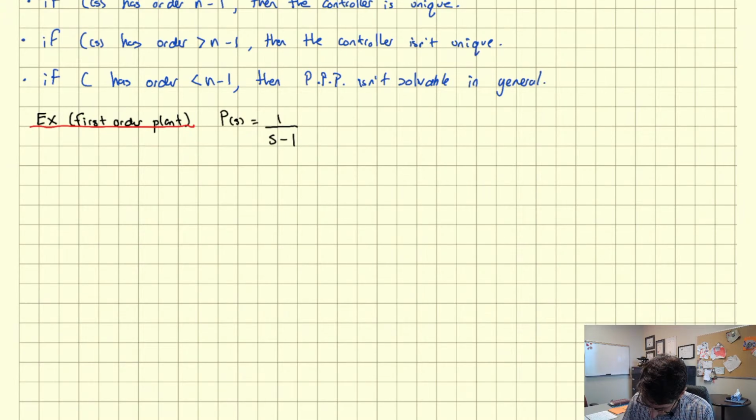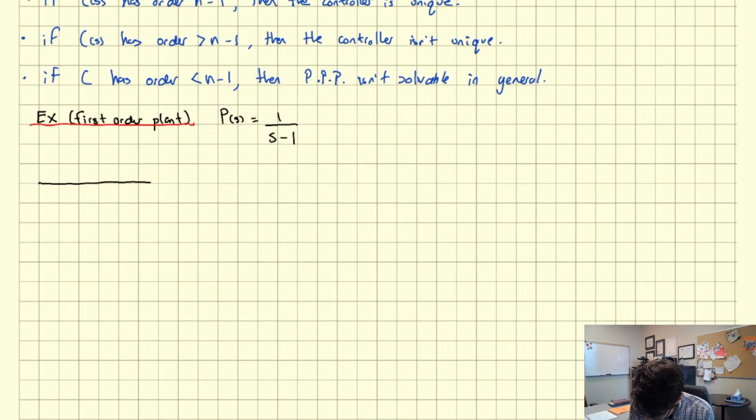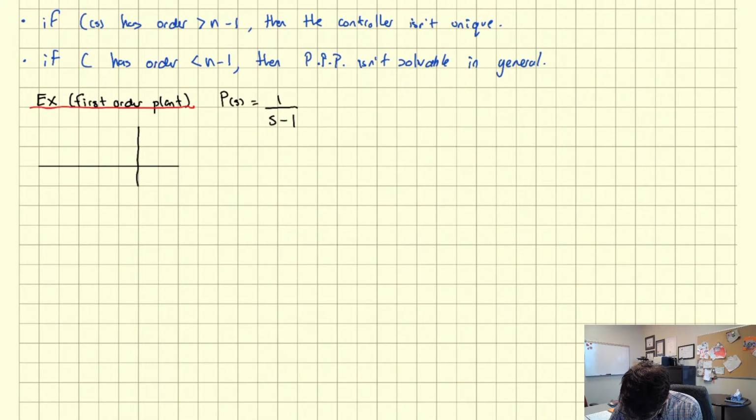So if we were to draw its pole, we've got a pole here at 1. Okay? And so for this guy, n is equal to 1.